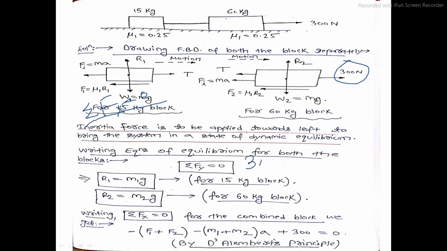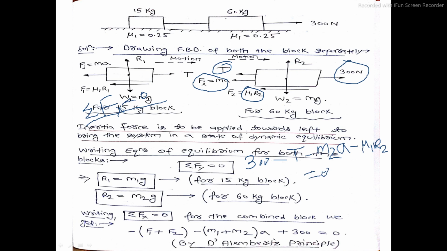So 300 minus tension T, minus this inertia force acting in negative x direction, so minus m2 into a, because m2 is 60 kg, minus this frictional force, it is also acting in negative x direction, so minus mu1 into R2. Any other force is present along x-axis? No other force is present, so equal to 0.